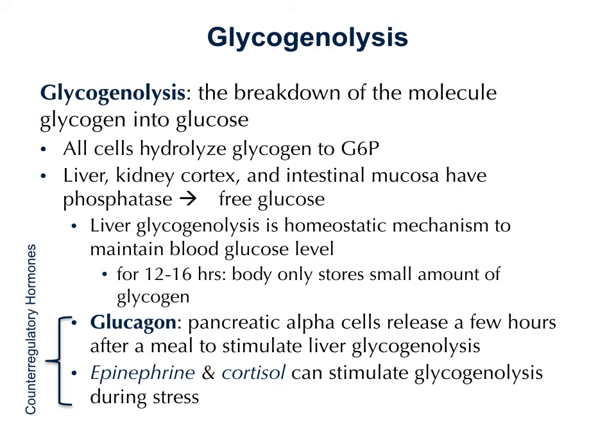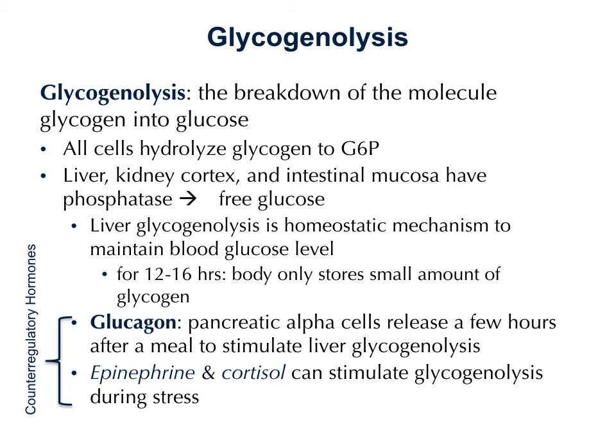The liver, which is our systemic reservoir of glycogen, becomes that homeostatic mechanism which helps us maintain our blood glucose level. So in that postprandial period, right after we ate, or in the fed state, insulin will act to cause us to store all that glucose floating around in our blood as glycogen in our liver.